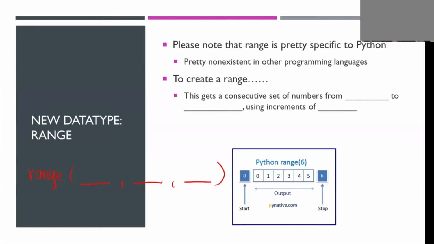This might be a little bit confusing, but hopefully after we do a whole bunch of practice, it might be a little bit easier. So this gets a consecutive set of numbers from the starting number. So this first number that appears right here, start. So from start to this right here, which is end, but there's a catch with this end, and I will talk about it in just a moment.